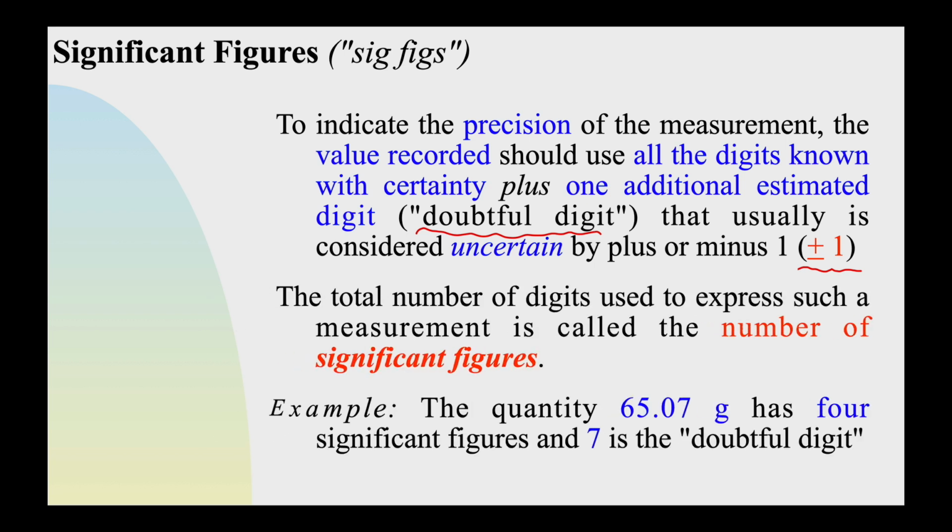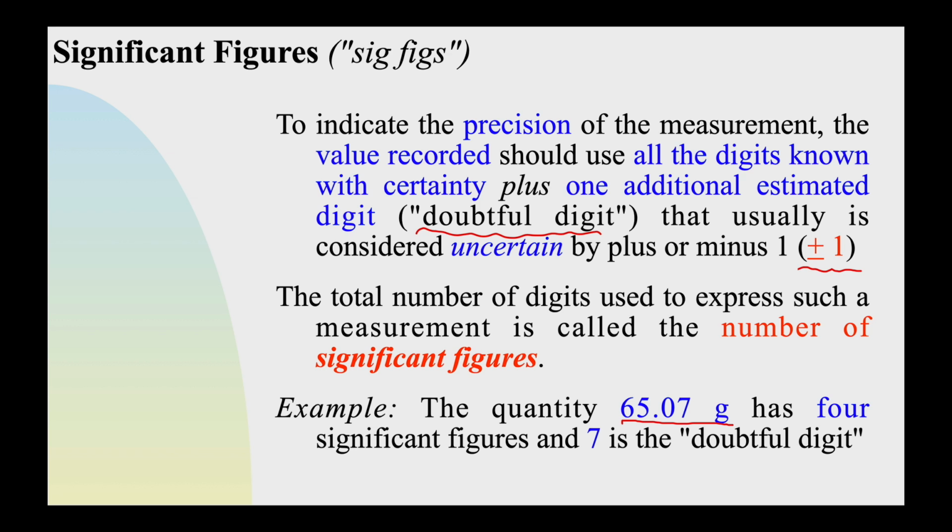So on these kind of problems then, if you have a number like 65.07, we have to know how many significant figures there are, numbers we have some confidence in, but we also want to know which one is the uncertain or doubtful digit. So a number like 65.07 has 4 significant figures to it.